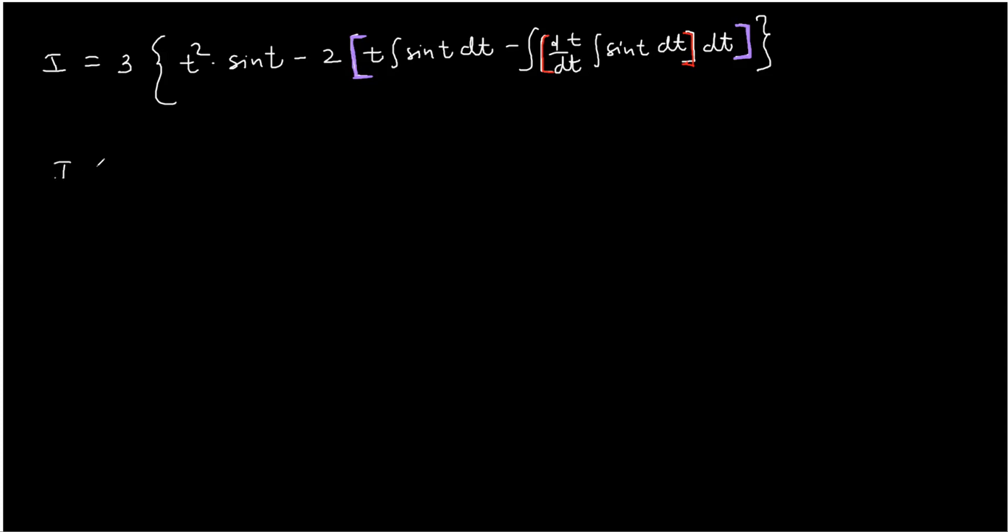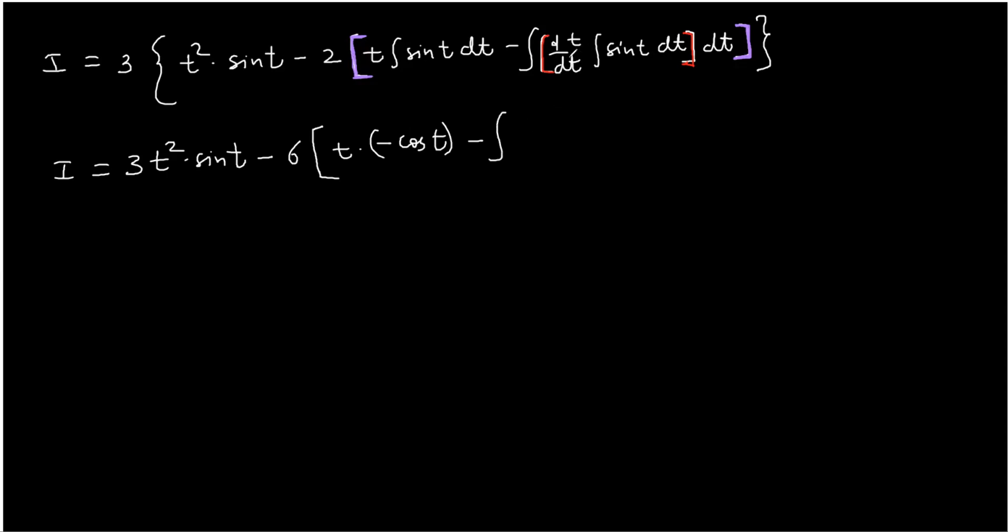I have therefore I equals, let me multiply this 3 inside now. So it will relieve me from the outer bracket: 3t squared sine t minus 6, 3 into 2 is 6, and then I have this bracket. It is t, integration of sine t is minus cos t, minus big integral.